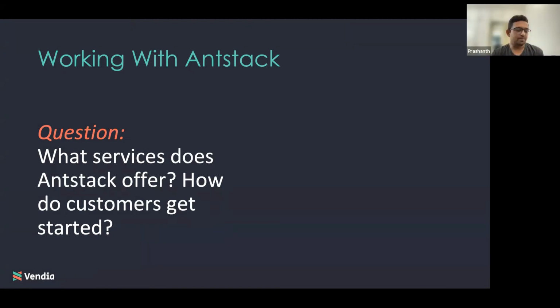Yeah, so like I mentioned in my introduction, Anstack is fully focused on serverless, and that means we are partners with most of the serverless products out there. We have been doing serverless for the last 1.5 years, and it's our unique proposition, and that's where we excel.